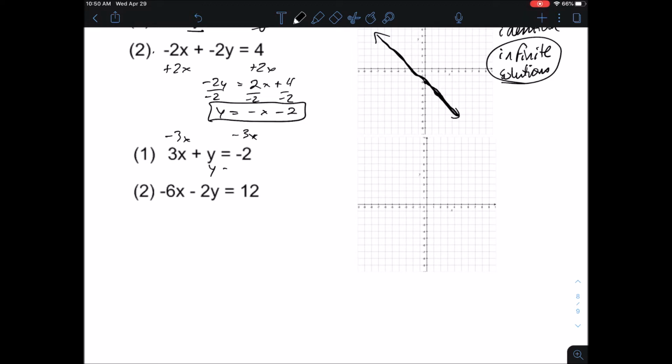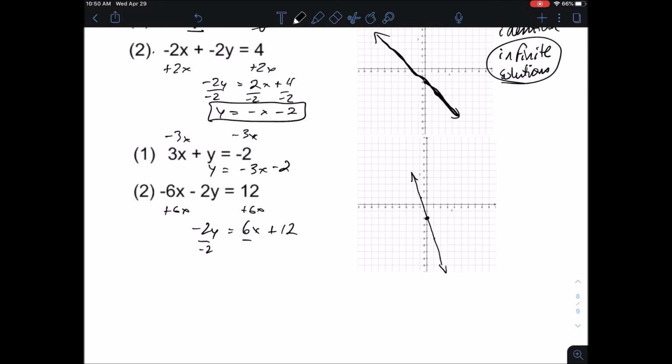Okay, and our last scenario here, I have to subtract 3x. So I get y is negative 3x minus 2. So minus 2, and the slope is negative 3. And I get something like this. Okay, so there's my first line.